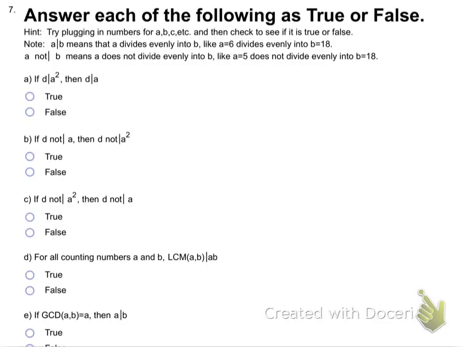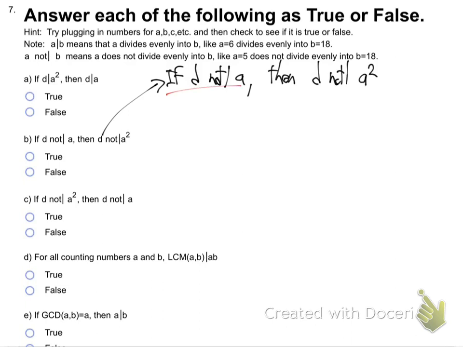So on B, come up here, if D does not divide into A, then D does not divide into A squared. Now, is that true? Okay, we got to meet the if. So you got to pick a number like 2 that does not divide into something like 3.